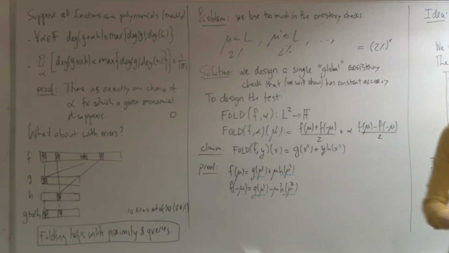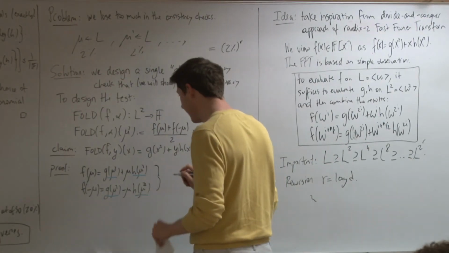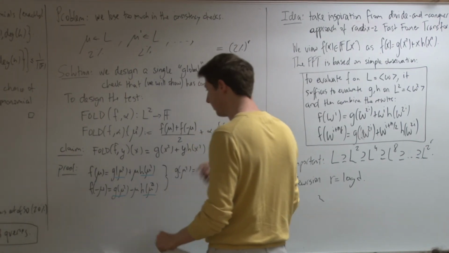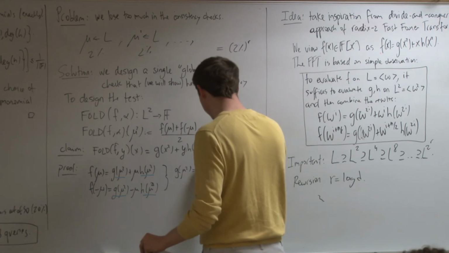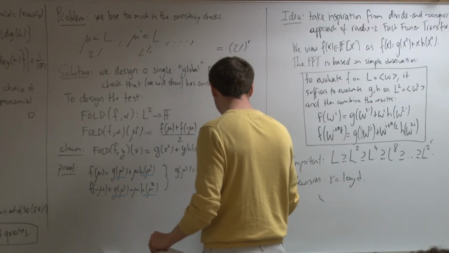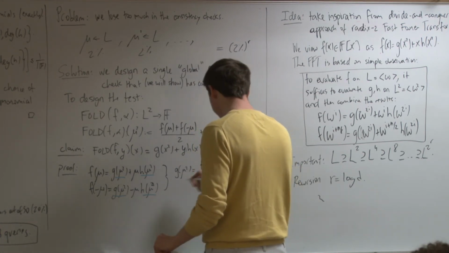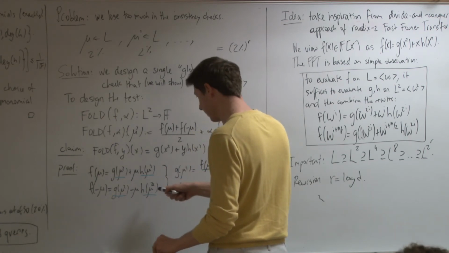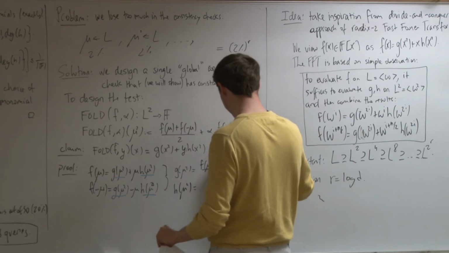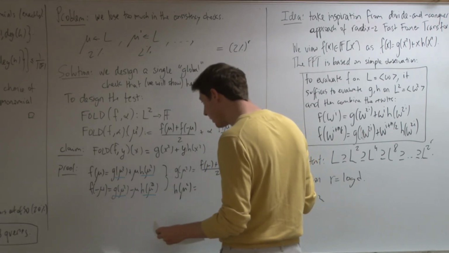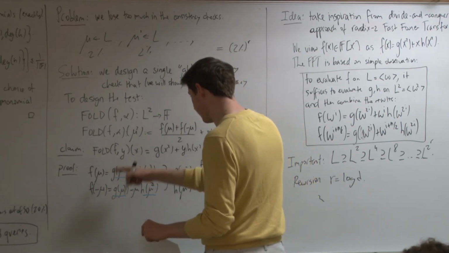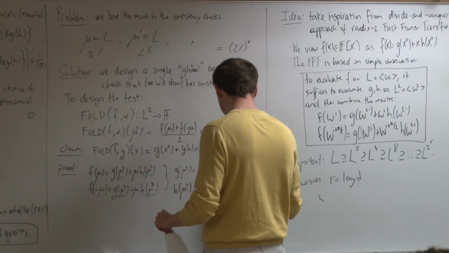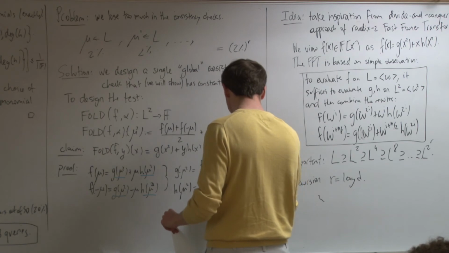I can solve this system of equations, and what I will get is that g of mu squared is, I sum and divide by 2, f of mu plus f of minus mu over 2, and h of mu squared, I have to subtract, f of mu minus f of minus mu divided by 2.